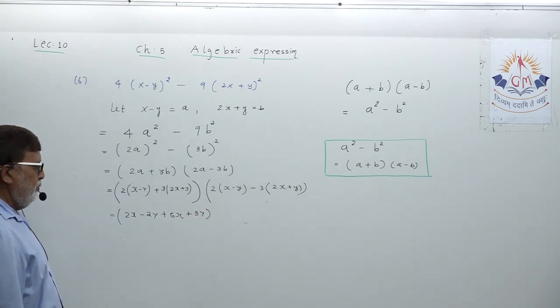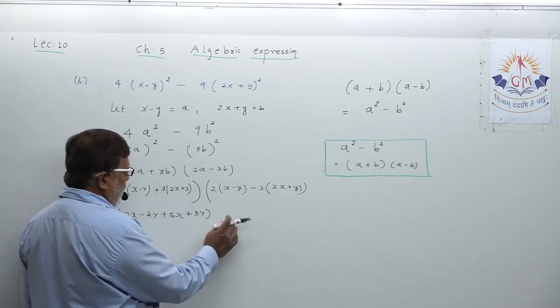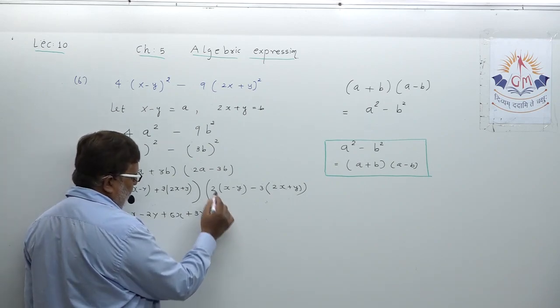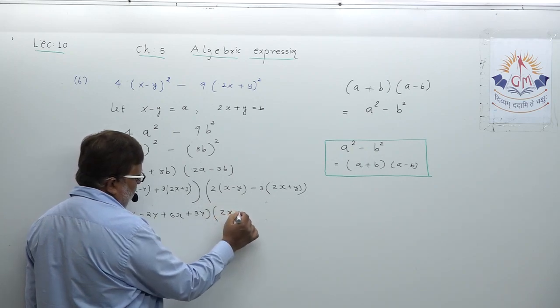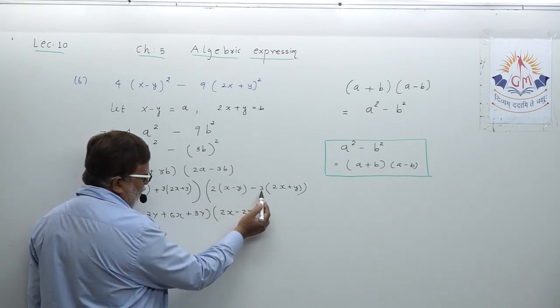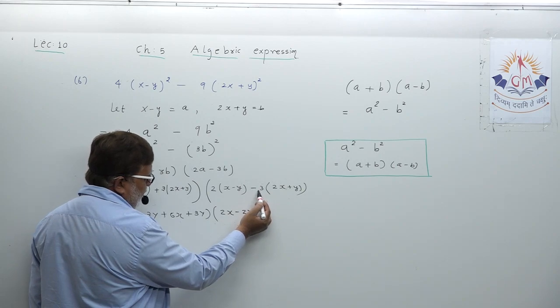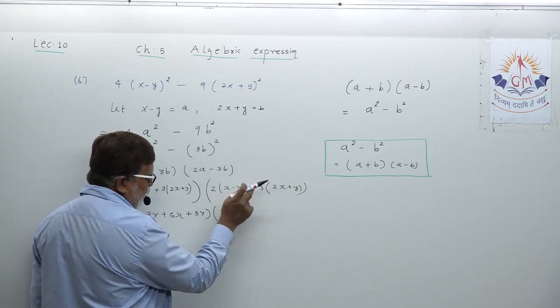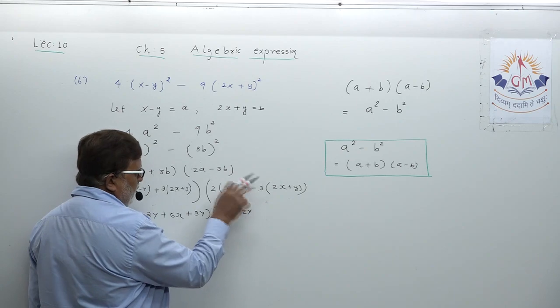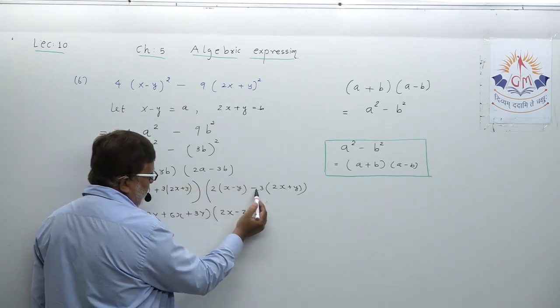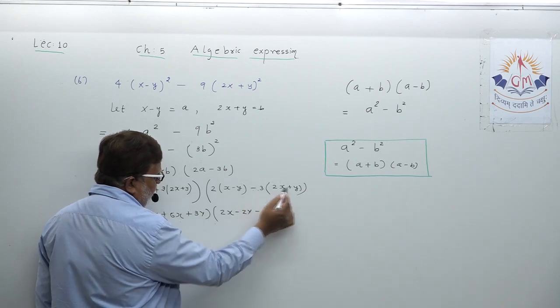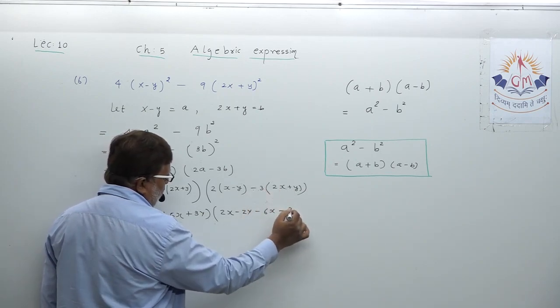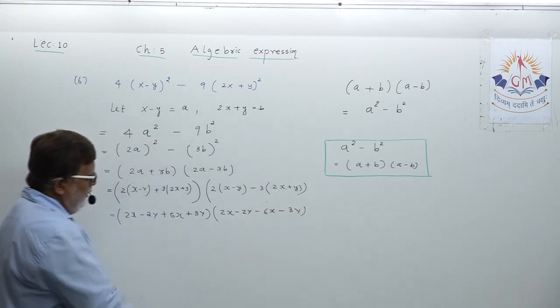In the first bracket, the small brackets are open. Now here 2x minus 2y, open the bracket but there is a negative sign, so sign change will take place in the bracket. Minus plus minus 6x, minus plus minus 3 into y, that is 3y.